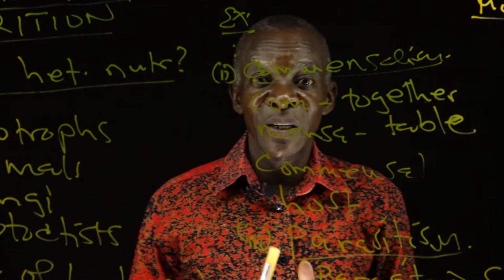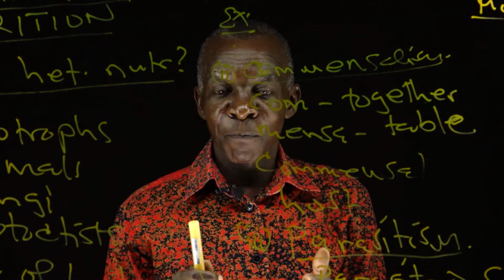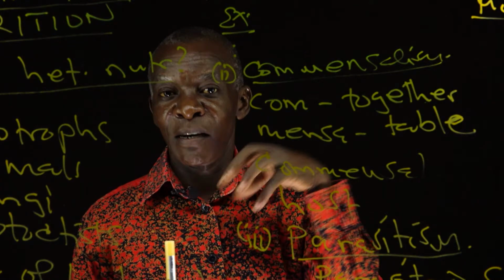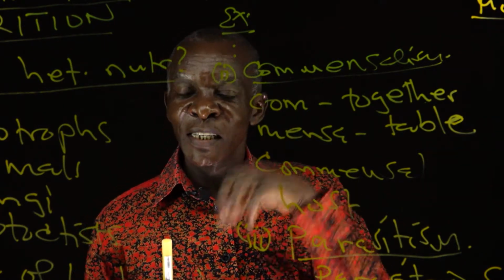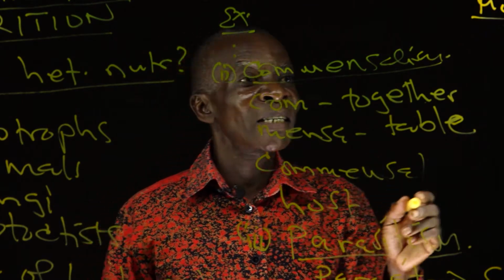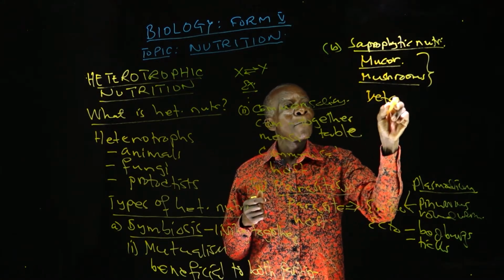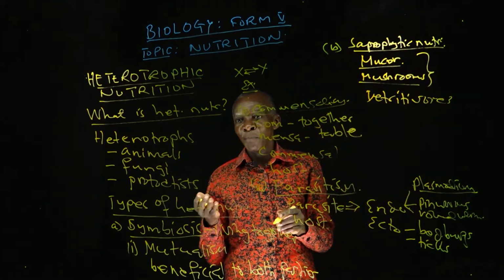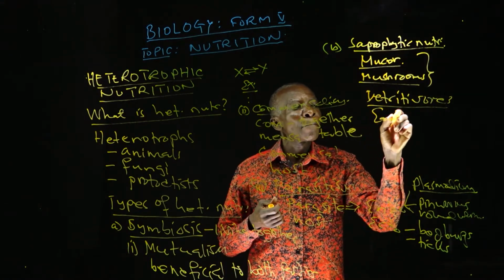There are other cases where organisms feed on decaying organic matter by taking in smaller particles which have to be digested inside. In this case, those are called detritivores. An example of a detritivore is the earthworm.